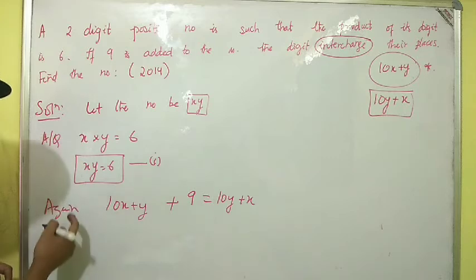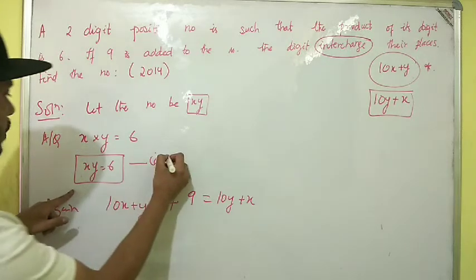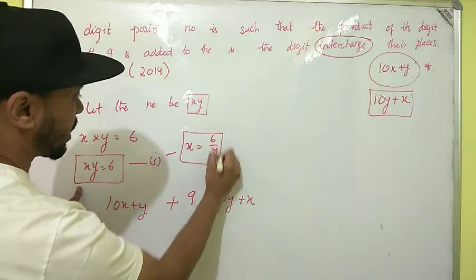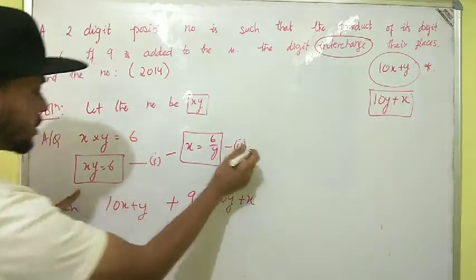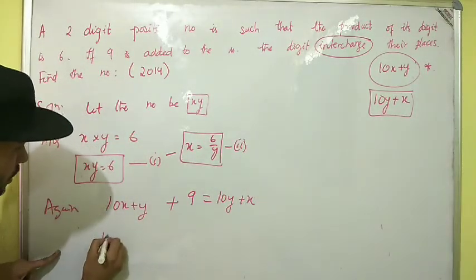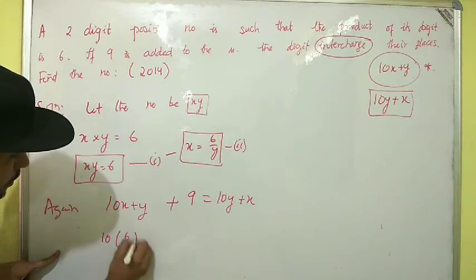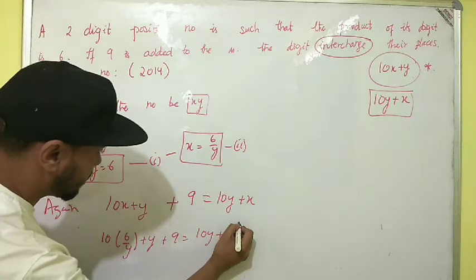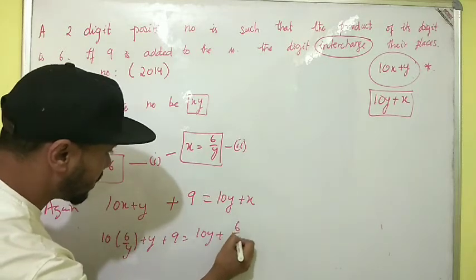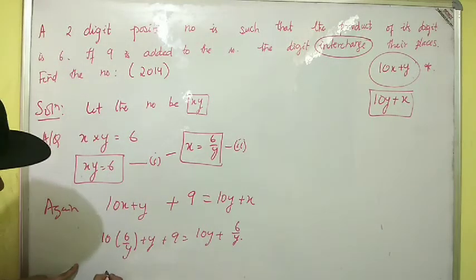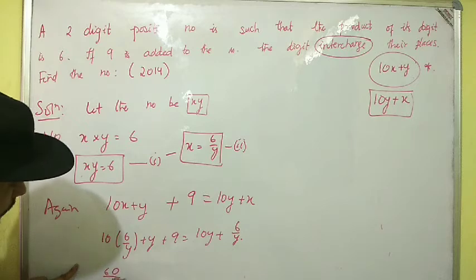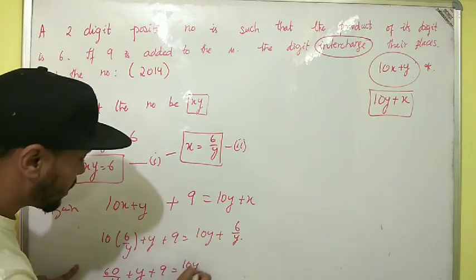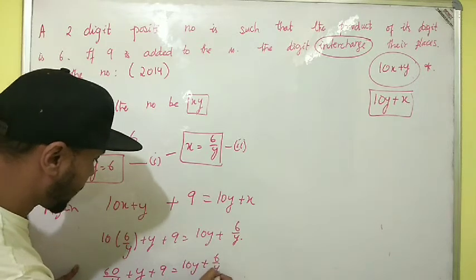Now from here what we can write is x is equal to 6 by y. So this is equation number 2. Now let's substitute this value here. So this is your 6 by y plus 9 is equal to 10y plus x, which is 6 by y.